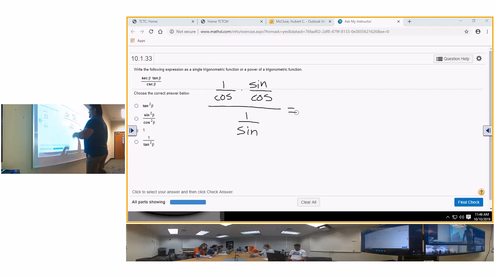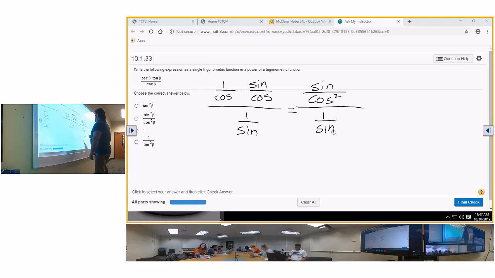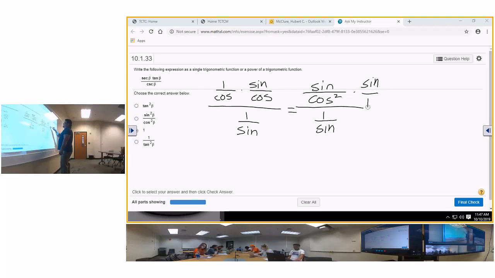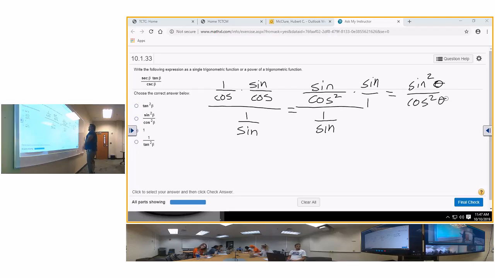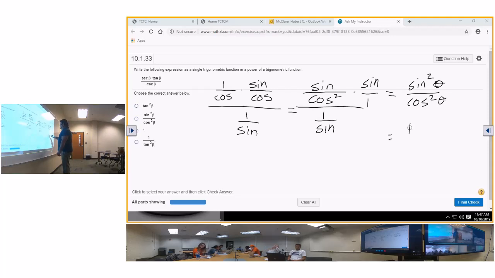So I'm going to simplify this. Sine over cosine squared divided by 1 over the sine, multiply by what? Sine over 1. Sine squared over cosine squared. Well, what's the sine squared over the cosine squared? Tan squared. And you feel good about yourself.